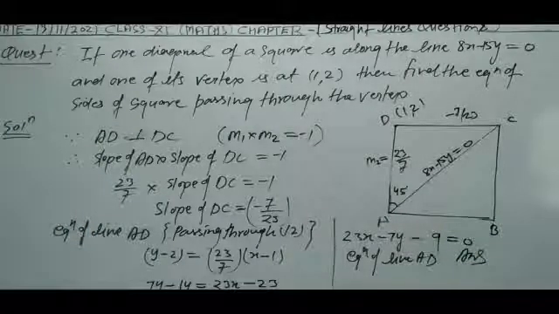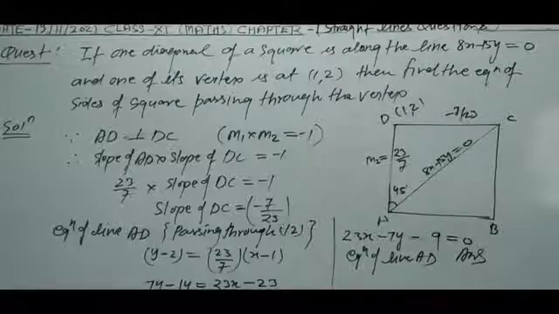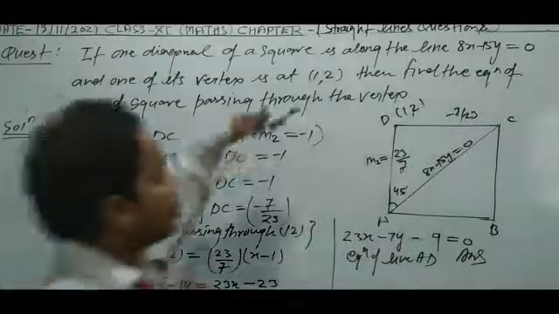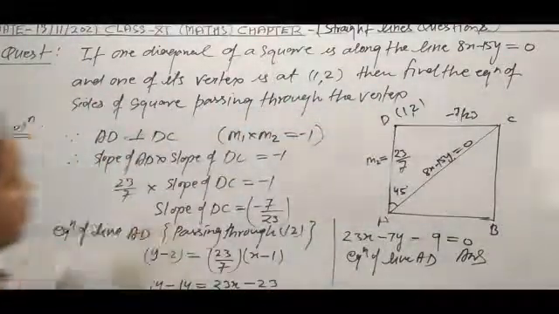Now we have to calculate all the equations. So how we can calculate all the equations? First of all, we have to find out DC line equation.